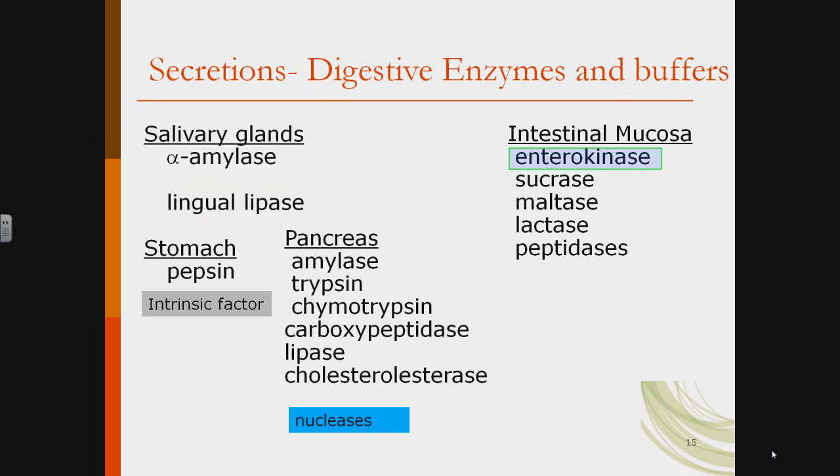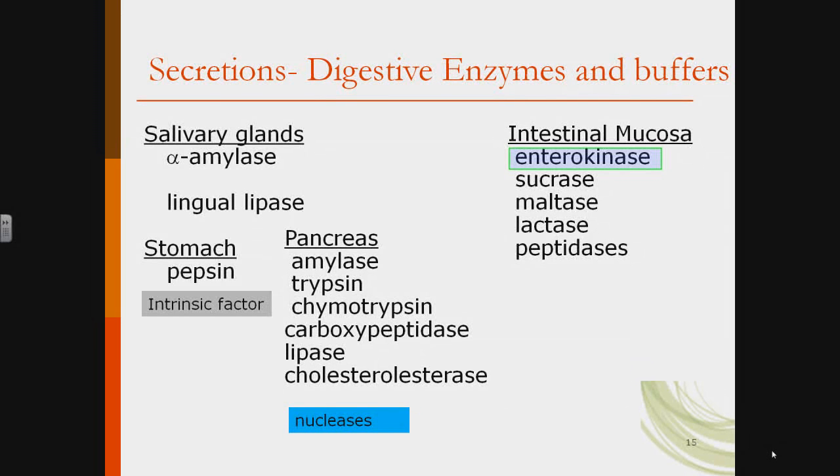A special type of intestinal enzyme that is released, shown here in the top right corner, is enterokinase. Enterokinase is really important because when the pancreas releases trypsinogen, chymotrypsinogen, and procarboxypeptidase, it's enterokinase that activates them into trypsin, chymotrypsin, and carboxypeptidase.